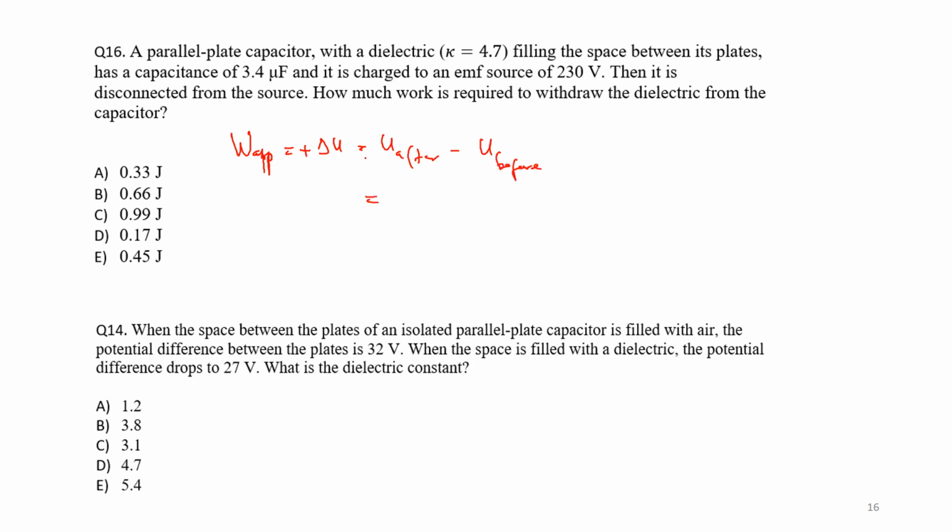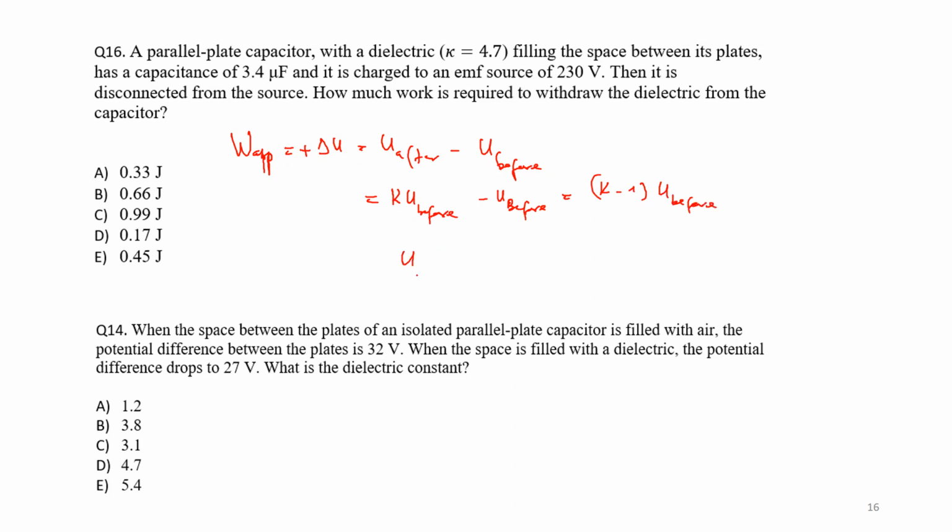And you can calculate U after very simply. It is kappa U before. So the difference is kappa minus 1 times U before.